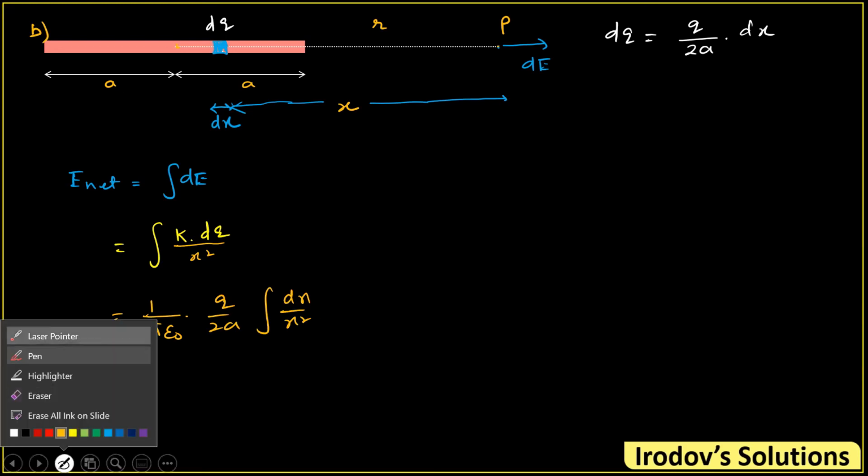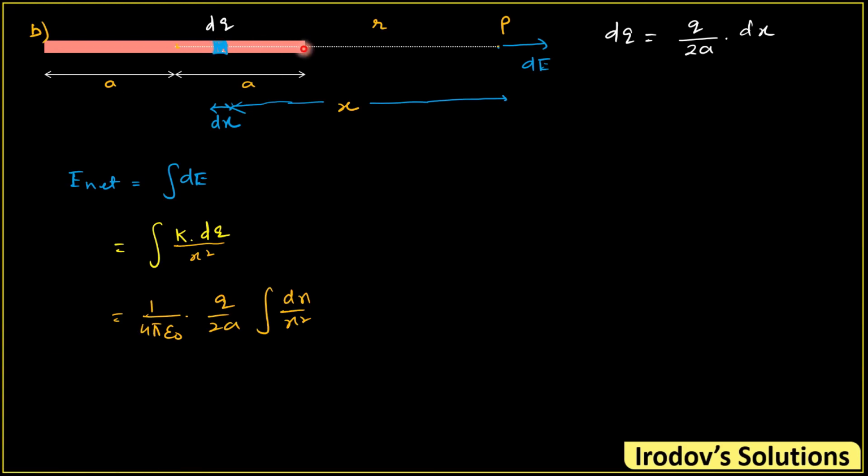As I take this element from here to here, this element will cover the entire rod. So when this element is here, x is equal to small r minus a. And when this element goes to here, x is the distance of that element from the point P, so x will be small r plus a.